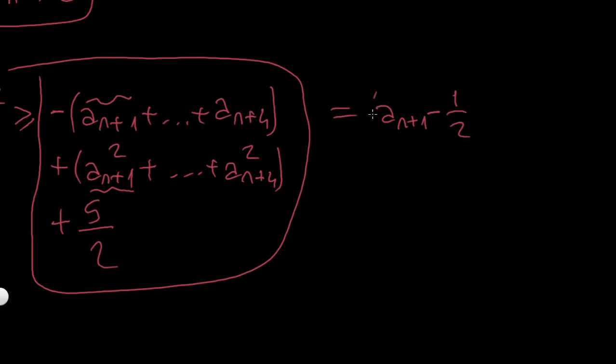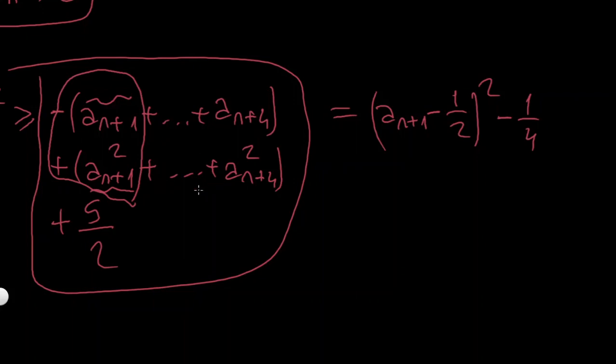I'm just completing the square. So if you expand this thing, you will get a_{n+1} squared minus a_{n+1}, which I have both of these, and this will also give me plus 1 over 4. So if I just add minus 1 over 4, I will get these two terms with their signs.